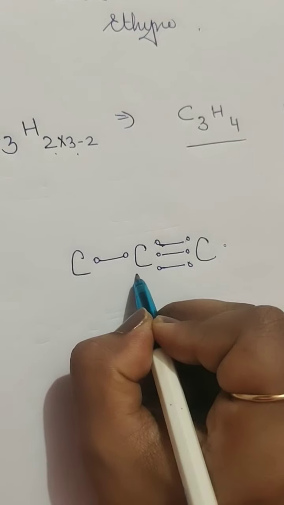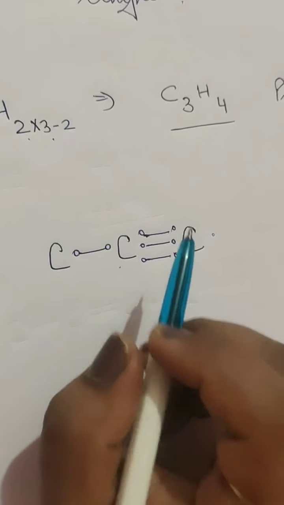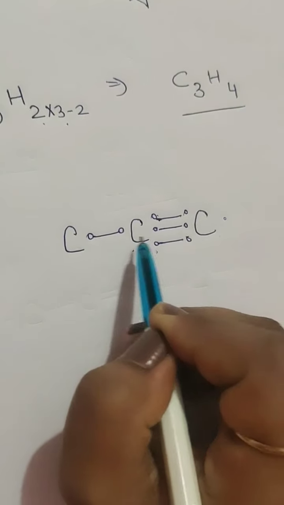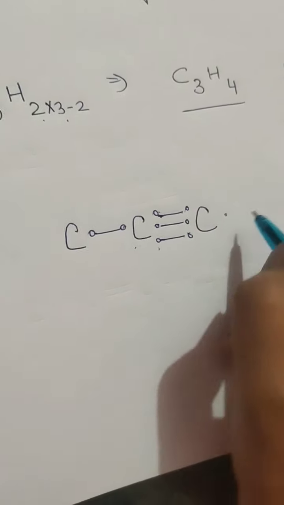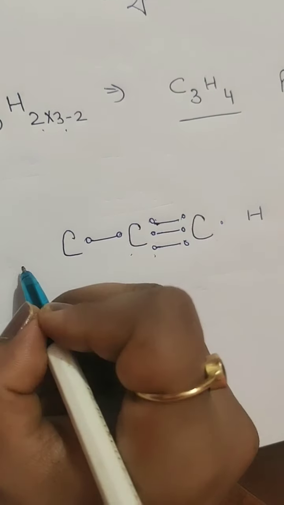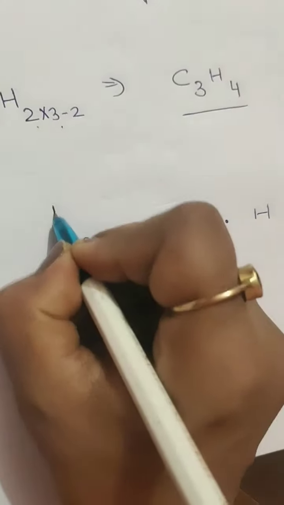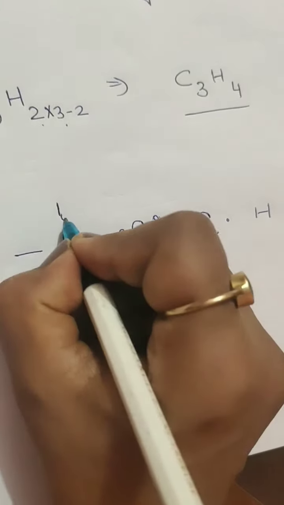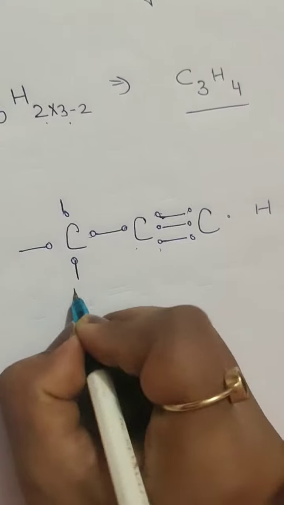So this carbon does not need anything from anywhere. It does not need hydrogen because it is having 4 electrons from this. 4 electrons are being shared, so this will also need 1 hydrogen, and then this will need 3 hydrogens because it is sharing only 1 electron, so the other 3 will be shared with the hydrogen atoms.